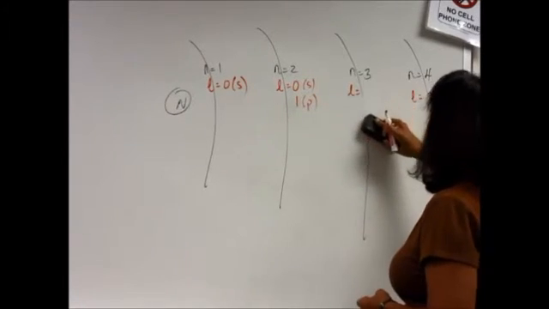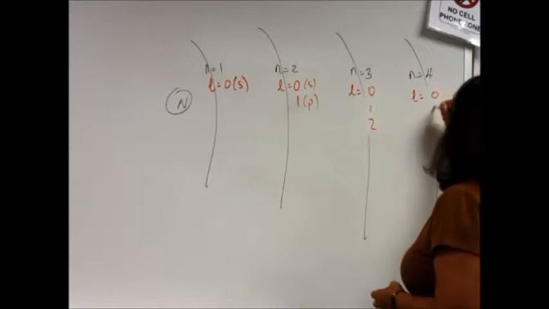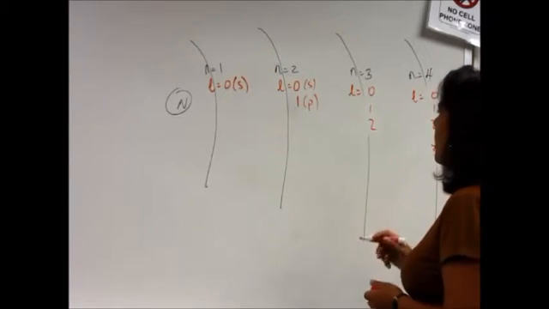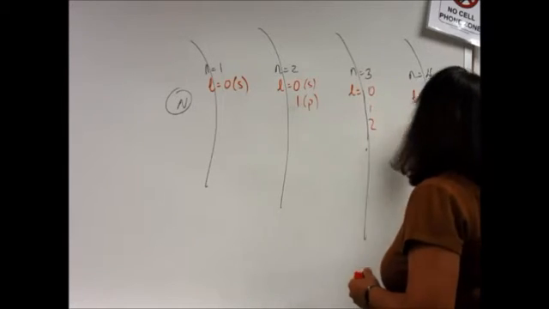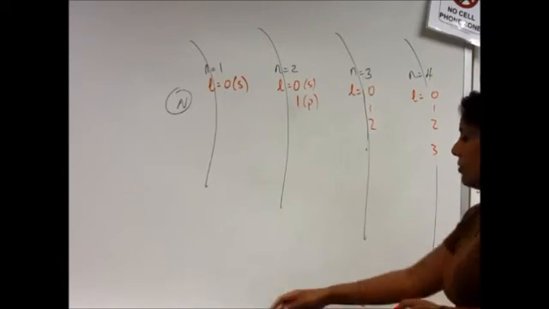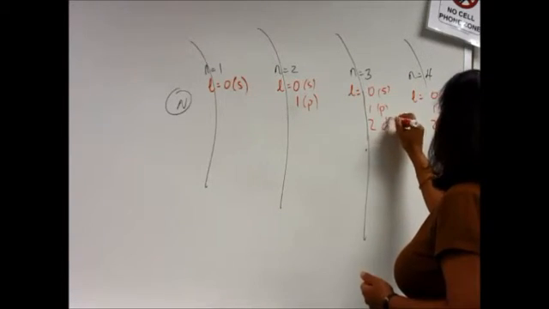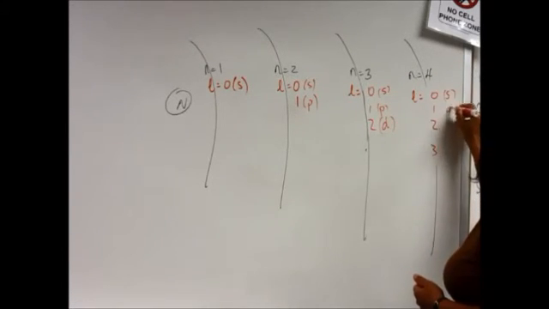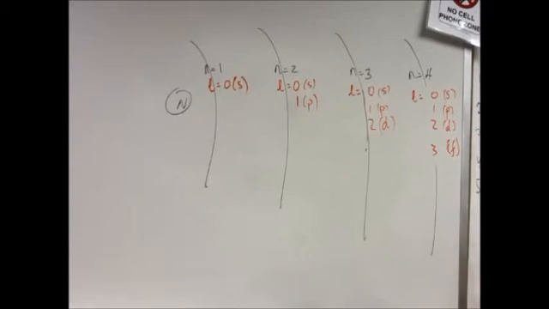If you don't mind, I'm going to go ahead and change this. 0, 1, 2, 0, 1, 2, 3. I don't know how I wrote that opposite. Okay. No big deal. There. And so then this is S, P, D. This is S, P, D. And then 3 is F.